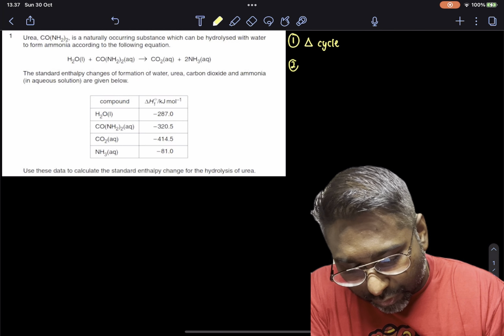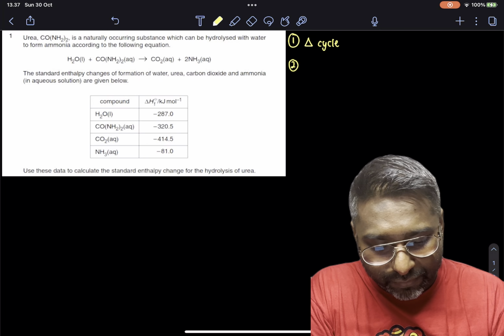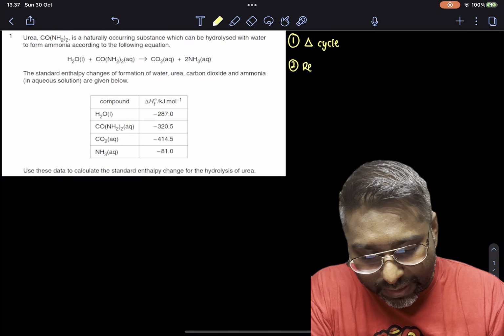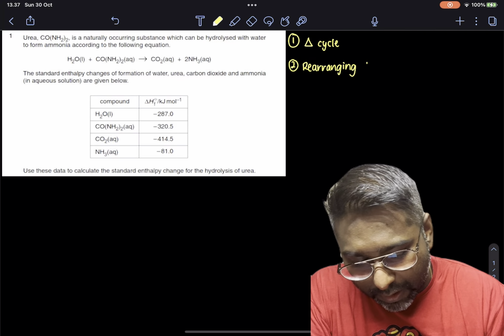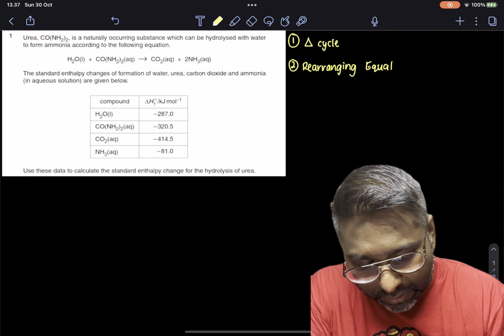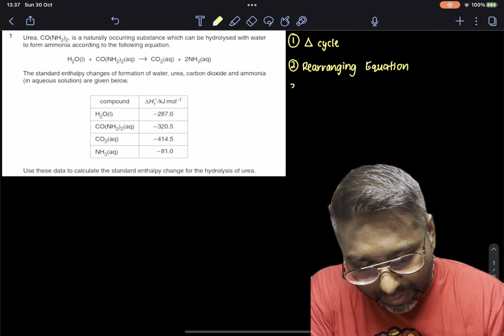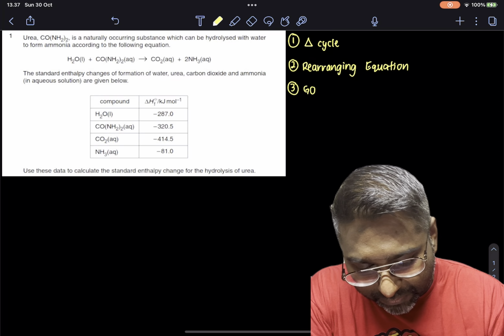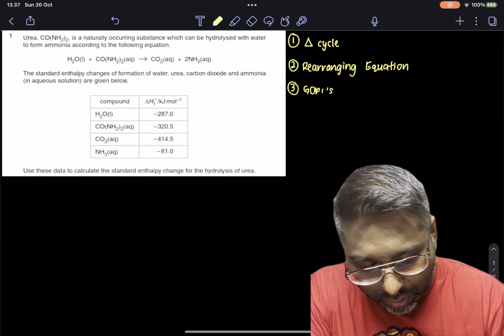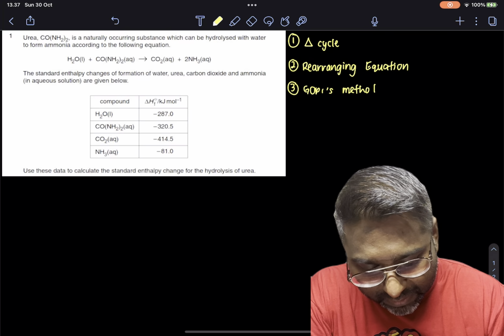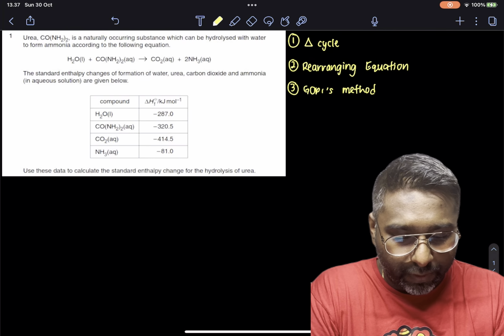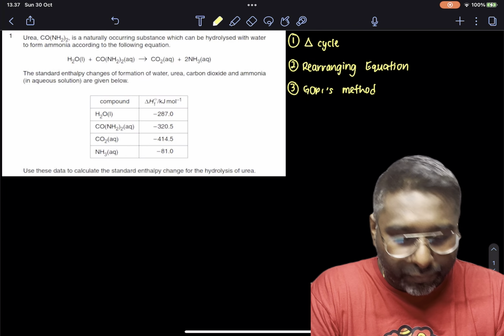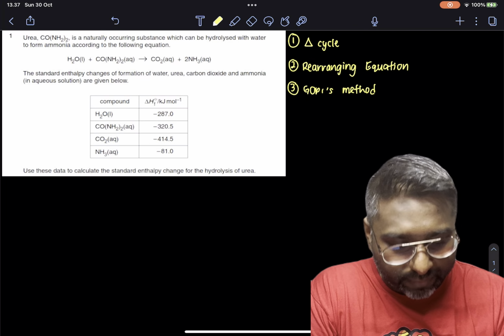The second method is rearranging the equation. And the third method, you can call it Mr. Gopi's method, though I'm not actually claiming this method. It is one of the methods that you can use to solve any questions related to Hess's law.